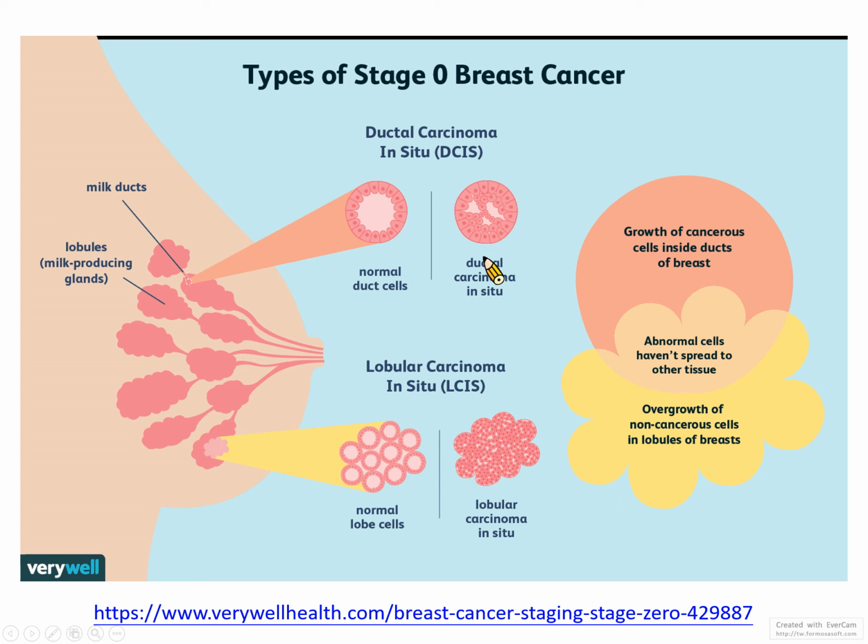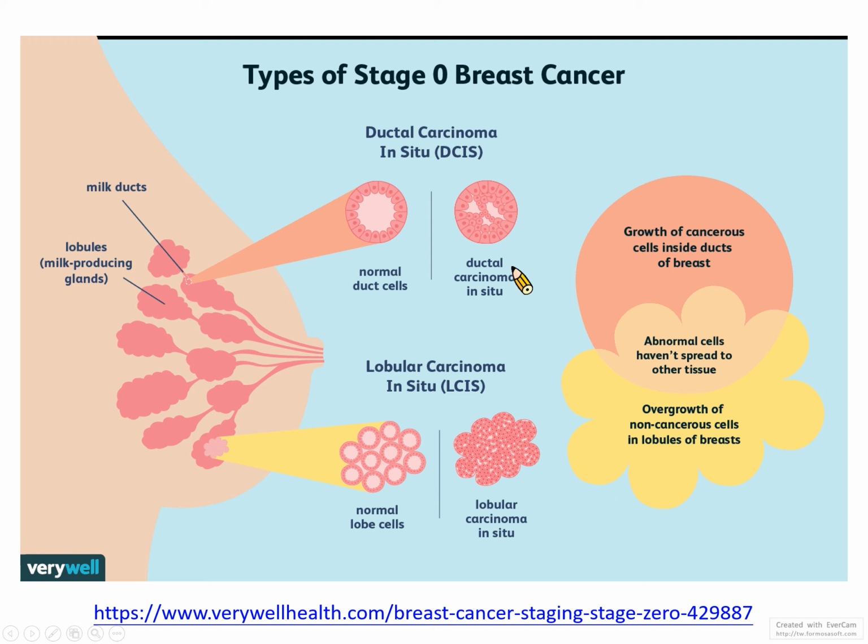the ductal carcinoma. And for the lobular carcinoma, there are normal lobe cells, and in the lobular carcinoma, it grows into these lobes and congests these tissues.